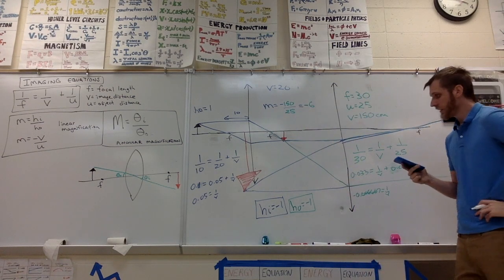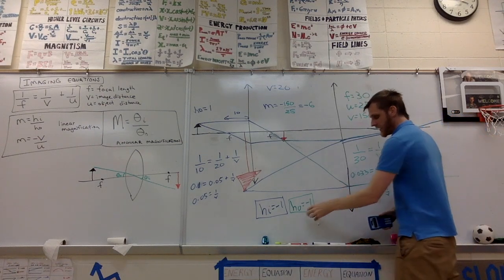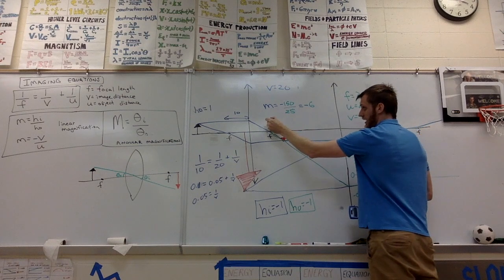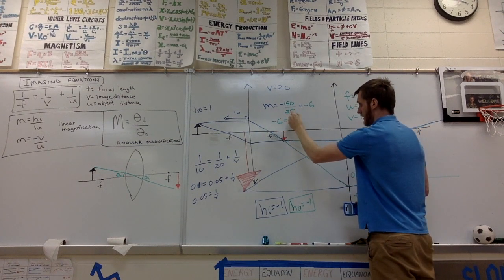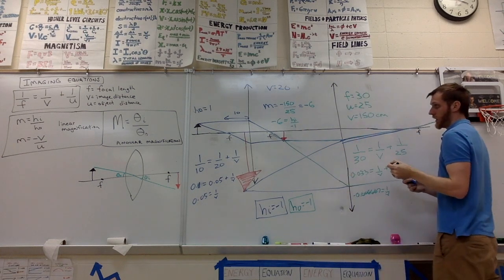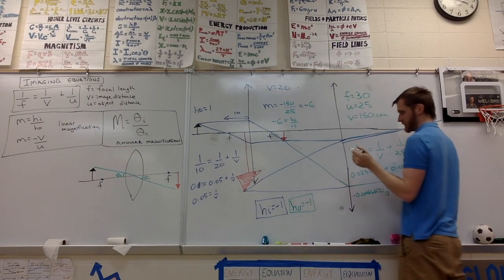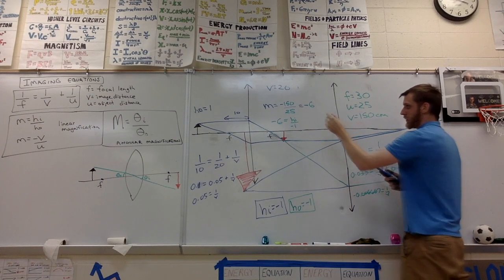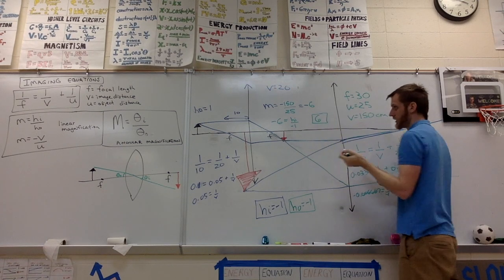What's the height of my image then? If my magnification is negative 6, my height of my image is unknown. The height of my object was negative 1, so it just becomes a positive 6. So positive 6 meters, centimeters.